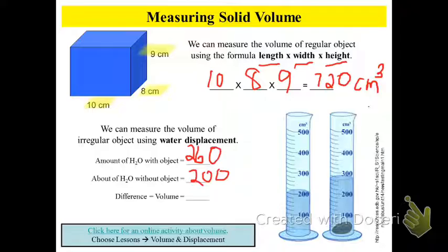From there, we're going to do the math. We take the amount of water with the object and subtract the amount of water without the object. So the difference is 60. Don't forget your units. And in this case, I wrote the wrong unit down. If we look at our graduated cylinder over here, we can see that it's centimeters cubed.